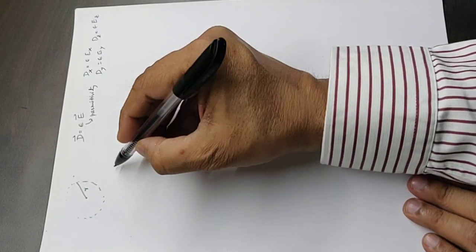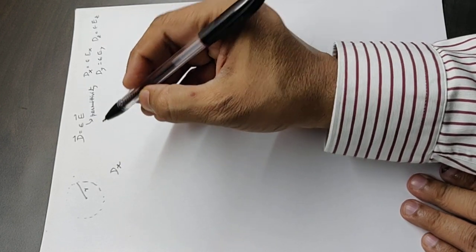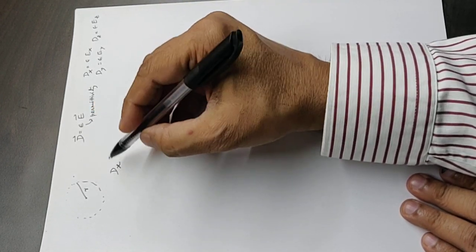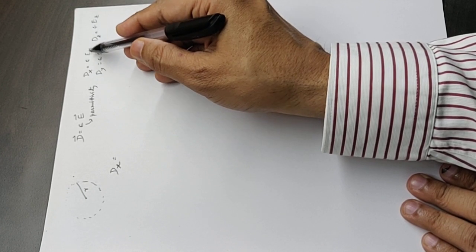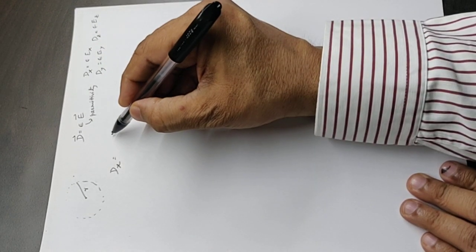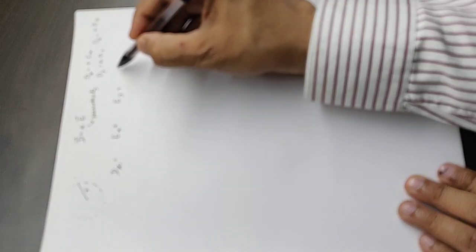In order to do that, we would in general assume that Dx, the x component of D, not only depends on Ex as in this equation, but it depends upon Ey also, and Ez also.